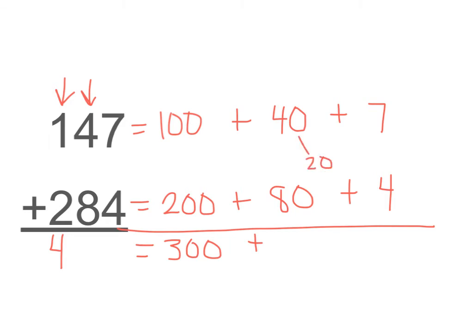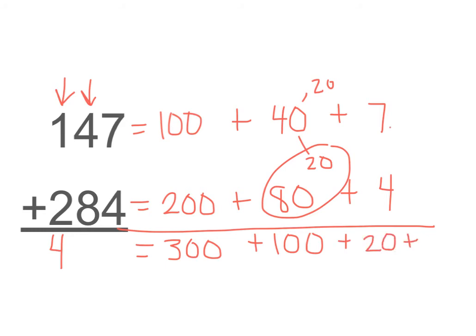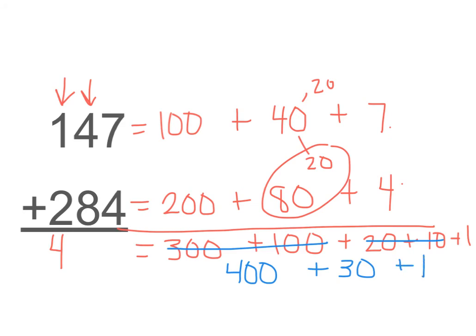So let's get that 20 from the 40. So we can make our 100. We have a 20 left over. And 7's partner is 3 with the 1 left over. Wow, I almost ran out of space. 300 plus 100 equals 400. 20 plus 10 equals 30. And then plus 1. So 431. Nice job with that 400.